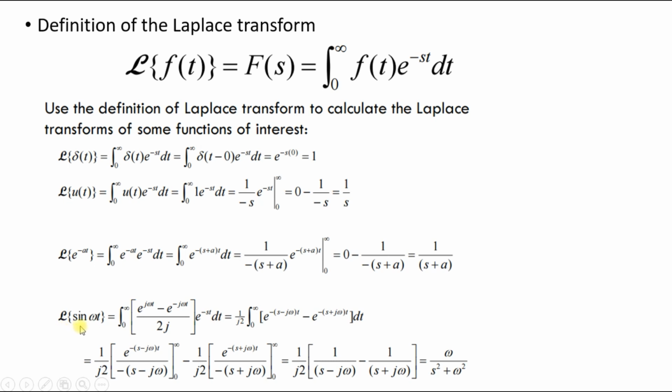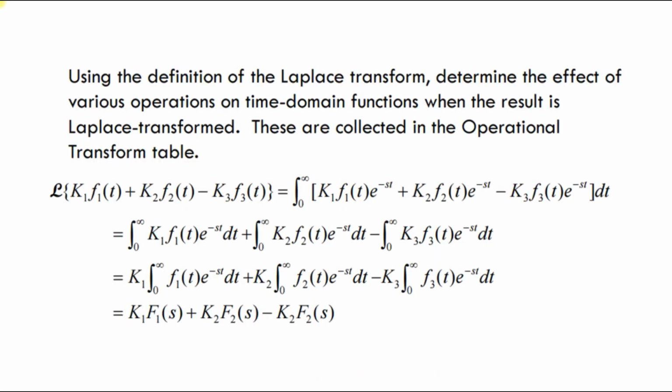If it is cos omega t, the Laplace transform is equal to s divided by s square plus omega square. These are the basic functions which we frequently use in our maths, so I skip these formulas and move on to the next slide.